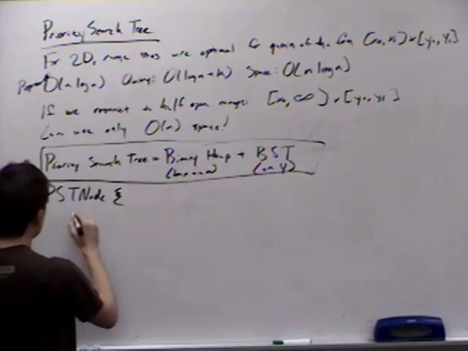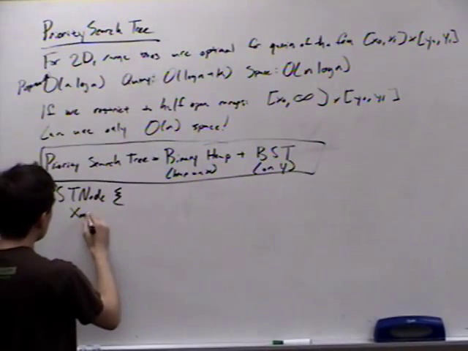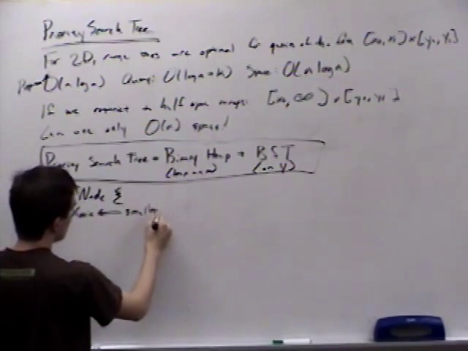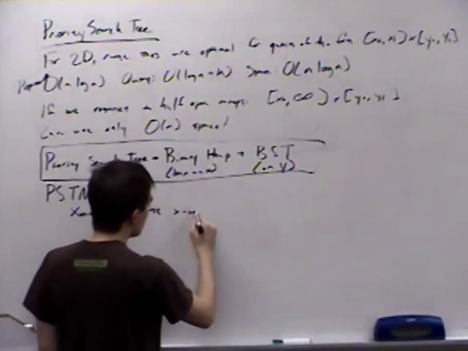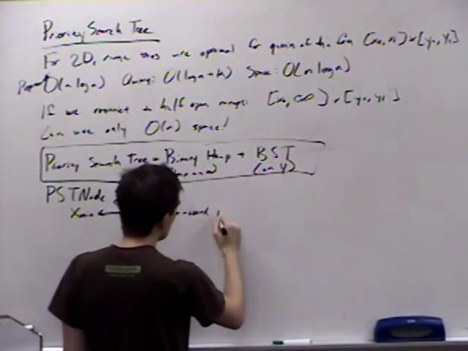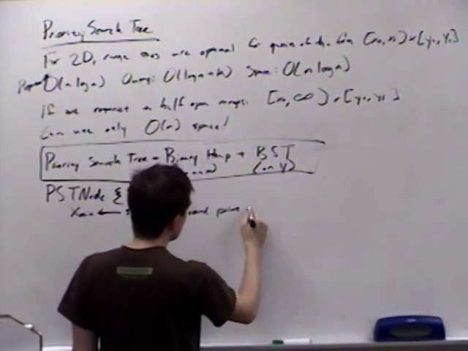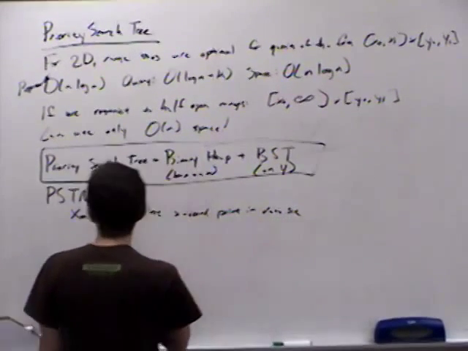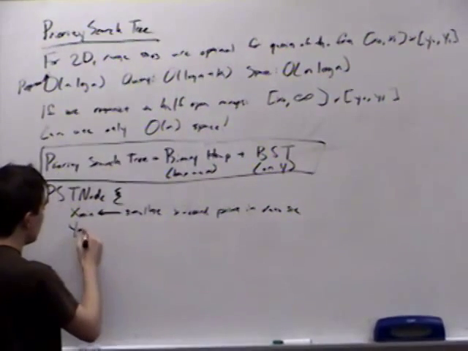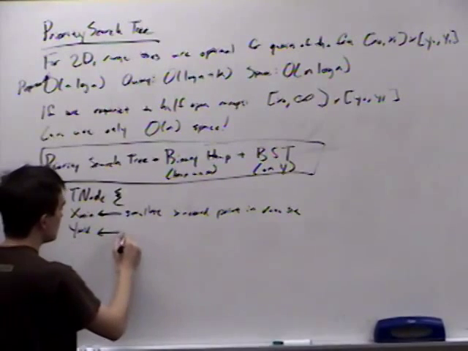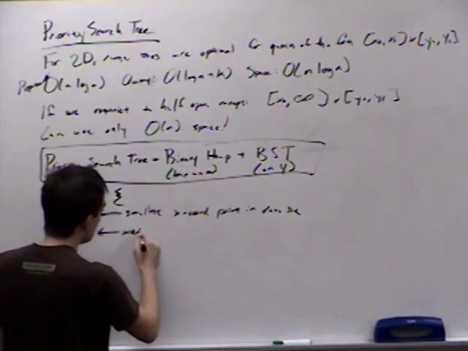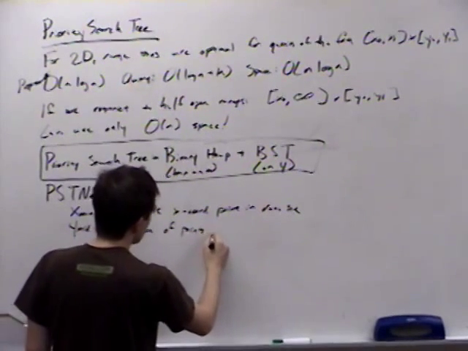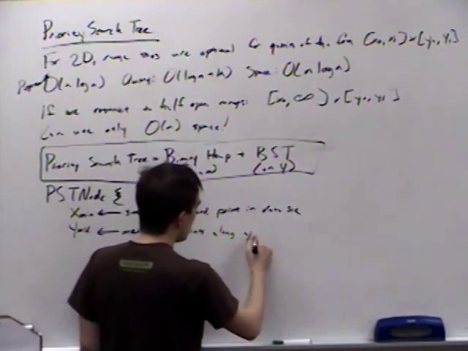The first is we're going to store xmin, which is the smallest x coordinate point in the data set. We're also going to store a value called ymid, which is the median of points along the y-axis.